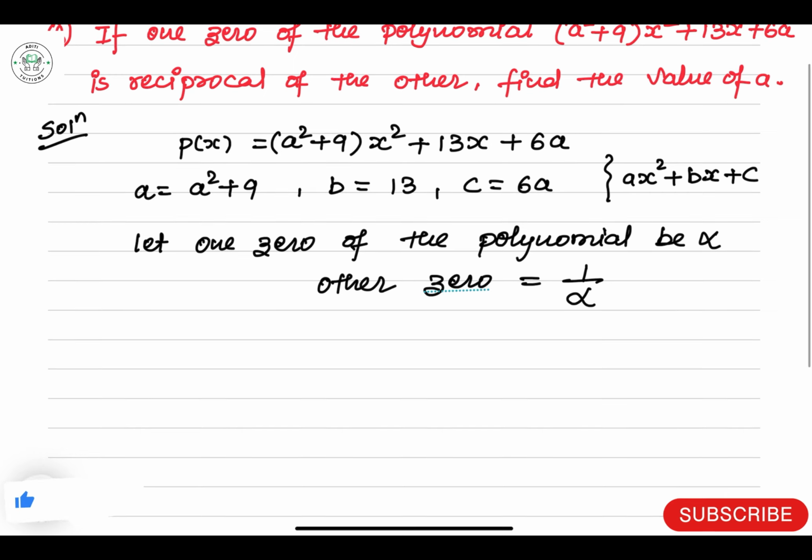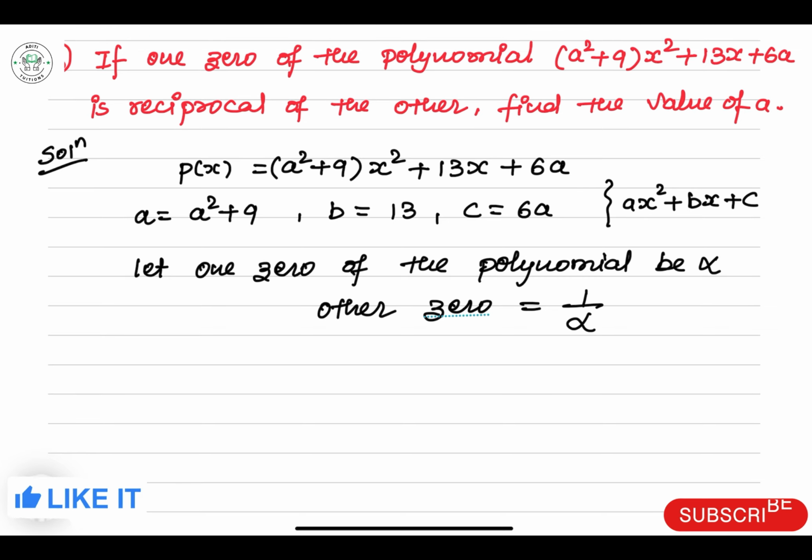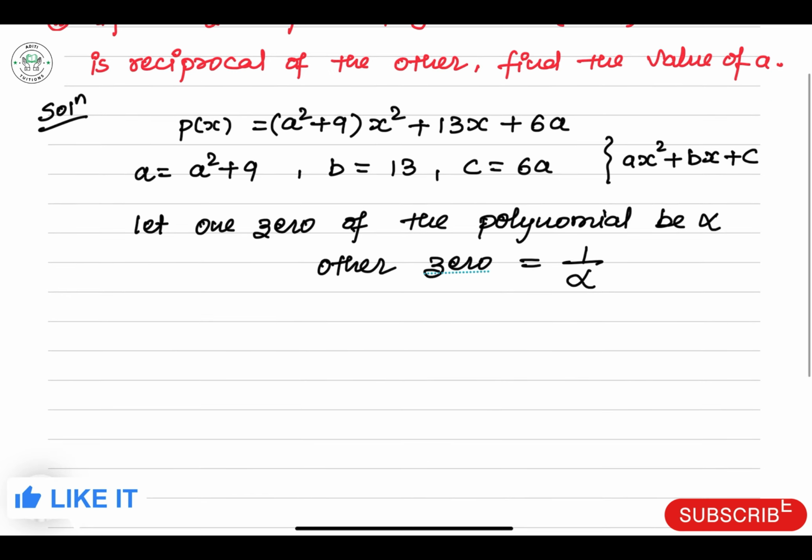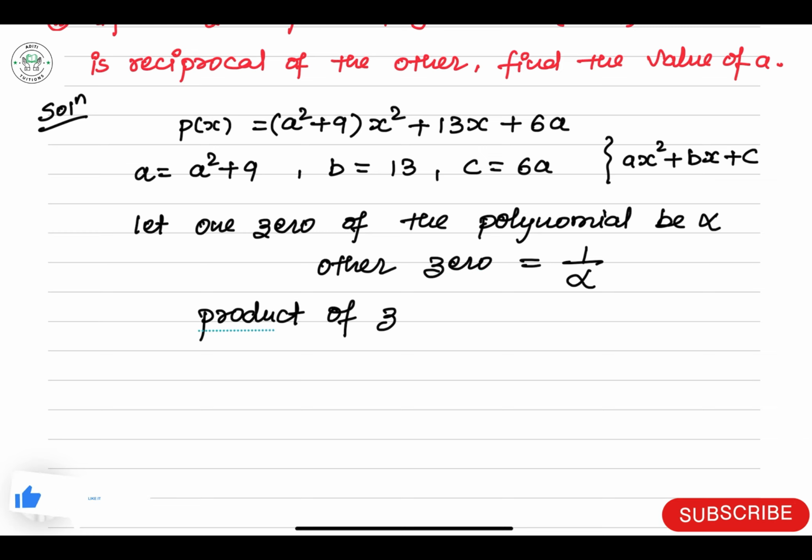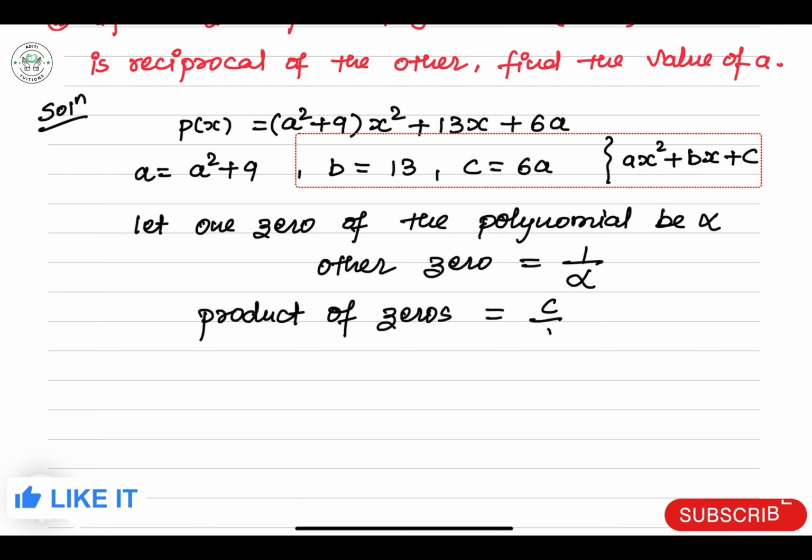Now to solve this question, we'll go for the relation between the zeros and the coefficients. If I take the product of zeros, alpha and alpha will get cancelled, and we get a relation with the coefficients. That is the only method we can use here. So the product of zeros is c by a.